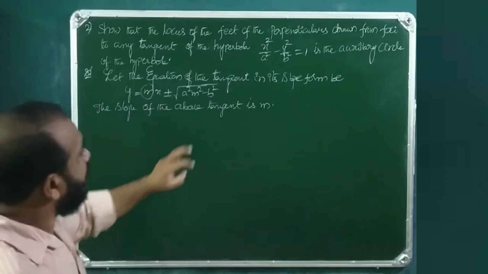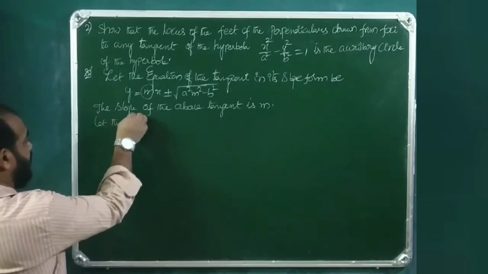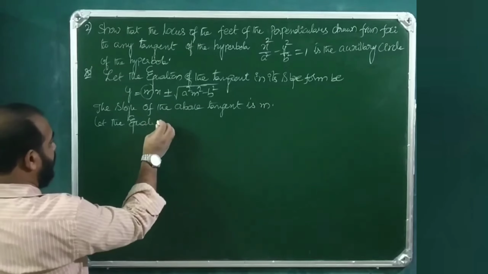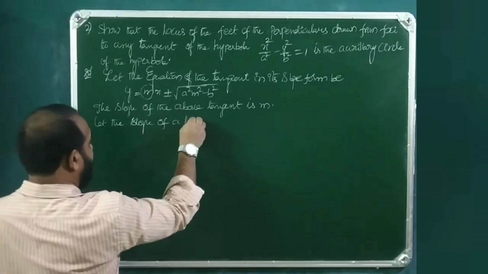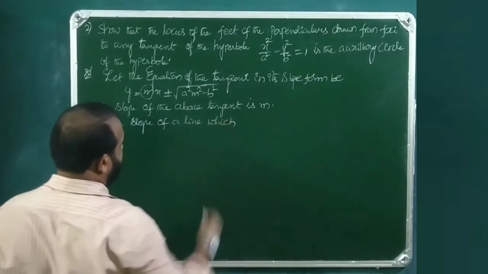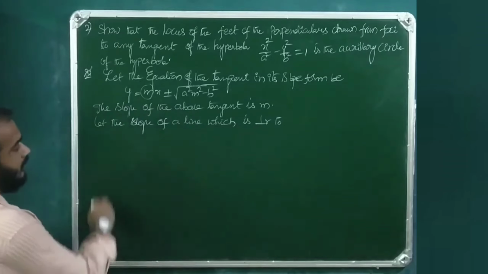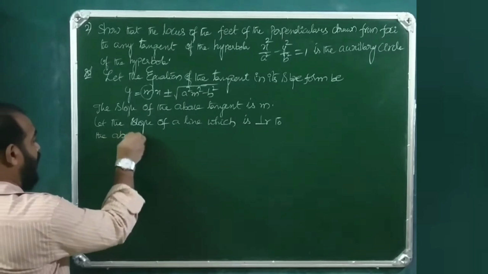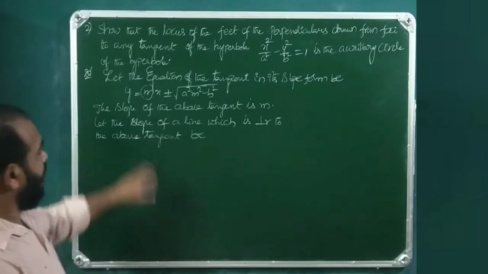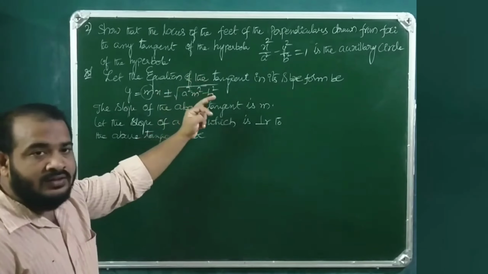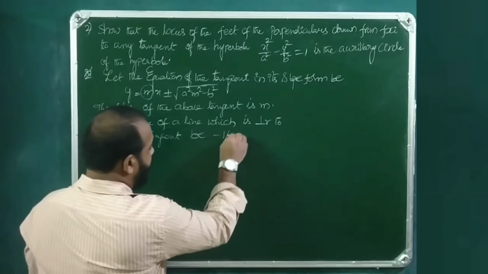So, foot of the perpendicular. Let the slope of a line which is perpendicular to the above tangent be considered. If the tangent's slope is m, then the slope of a line perpendicular to it is −1/m.